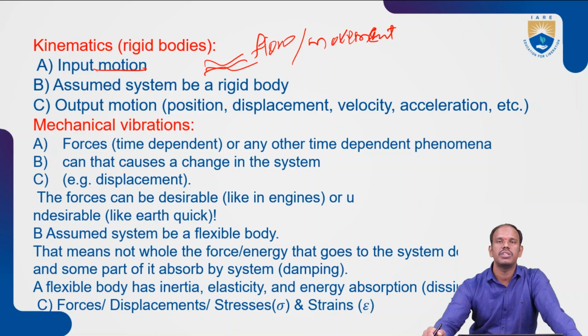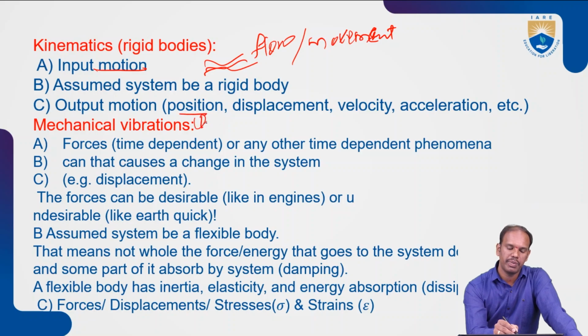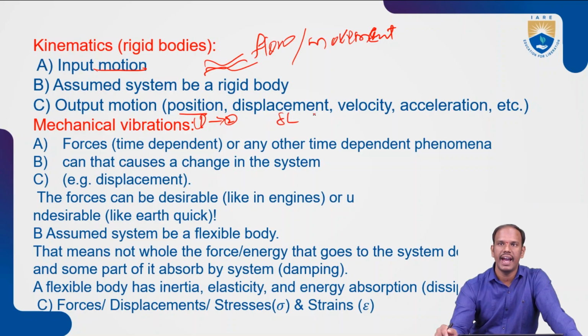So the system is assumed to be rigid, and the output motion may be a position, changing from one place to another place, and displacement like a change in length, and velocity changes, acceleration. All these things we can include in kinematics.